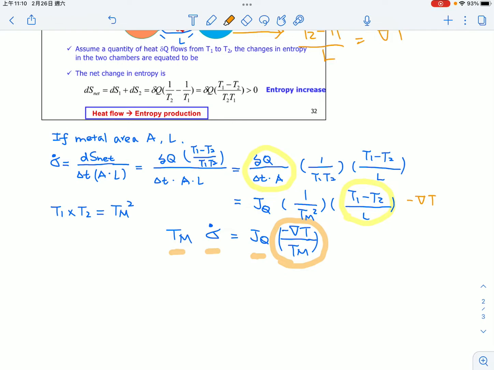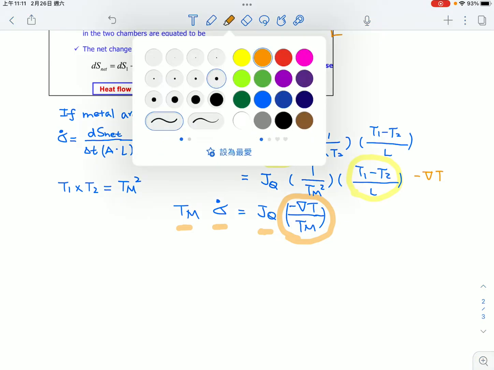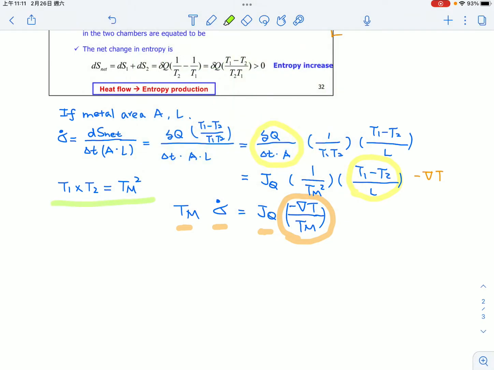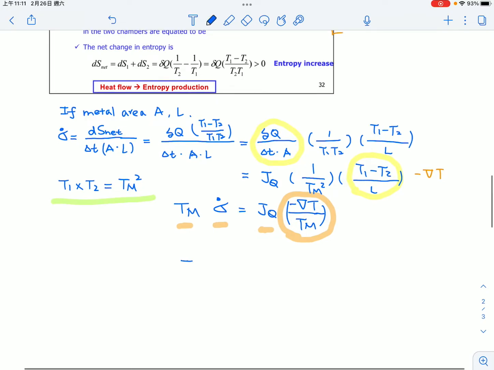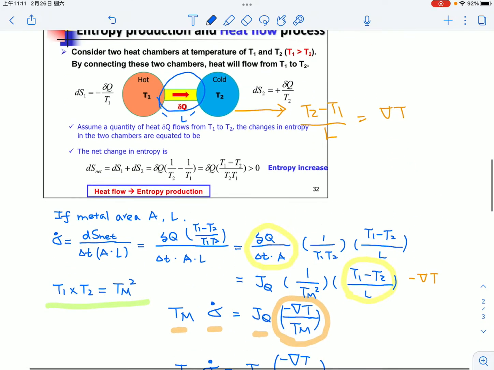Is that okay to you? Some people asked after class, if the question doesn't give you the relationship listed here, what temperature should we use here? What would be the better temperature? I would say, because usually in this case the size of the heat chamber should be the same, right?